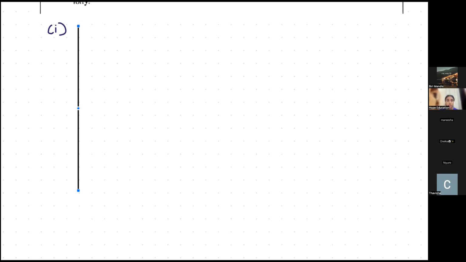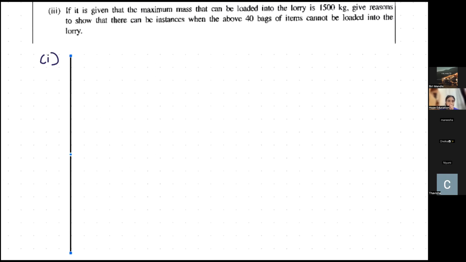We need 9 rows, and how many columns do we need? Class interval, frequency, mid-value, and fx. 4 columns.